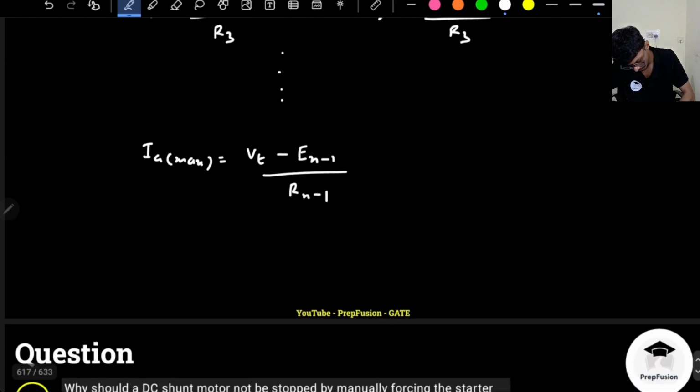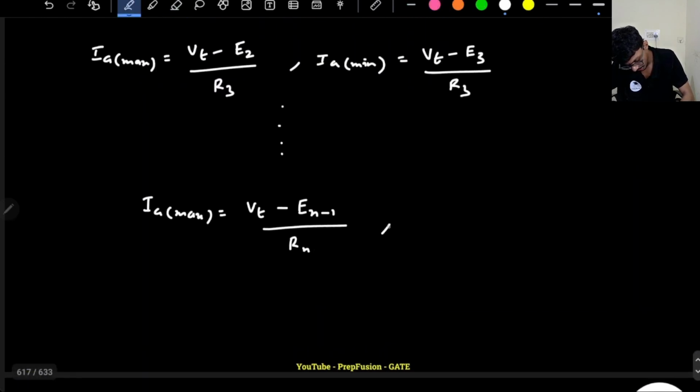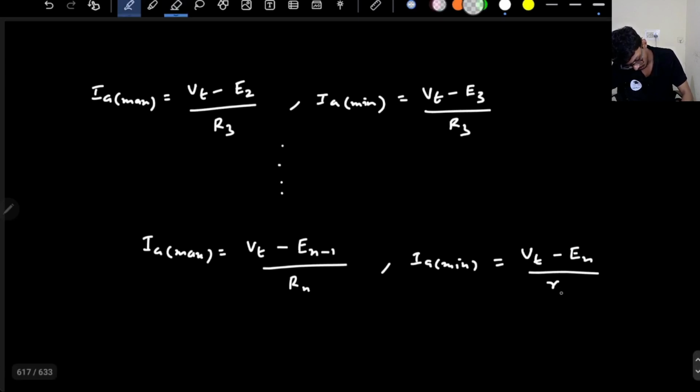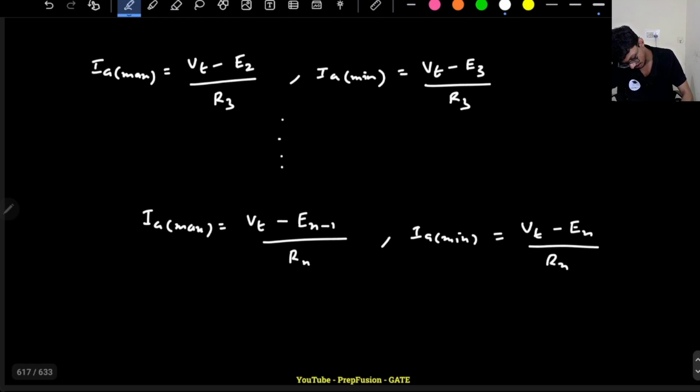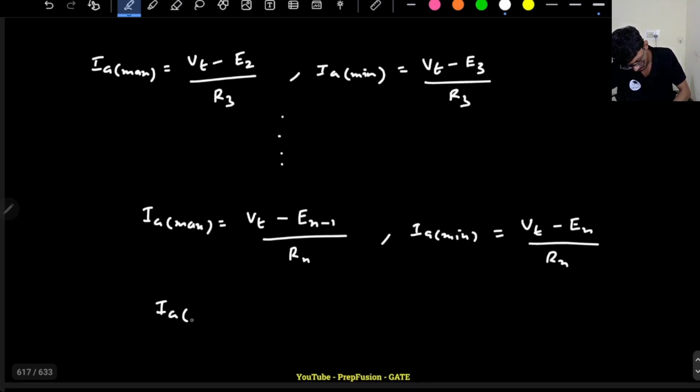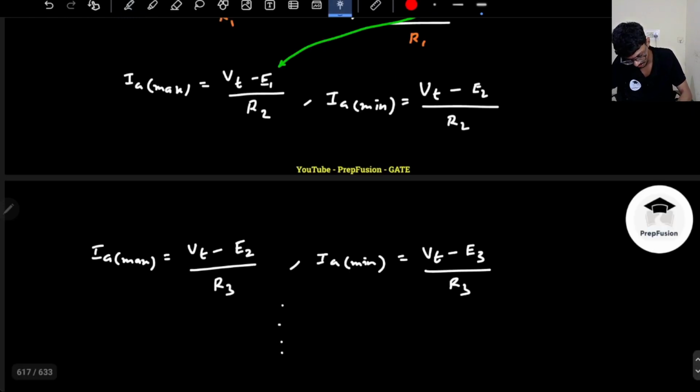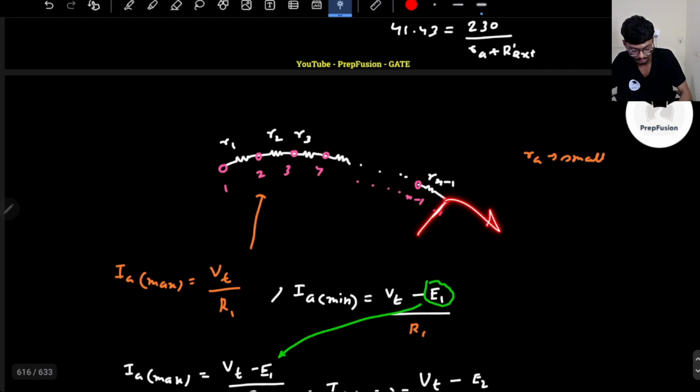Not R n minus 1, sorry, R n, and IA minimum will be Vt minus En divided by small ra. So Rn only will be here, and in the last one, IA maximum will be Vt minus En divided by small ra, right? Because only this armature resistance will be present at the end. Here only armature resistance will be present.